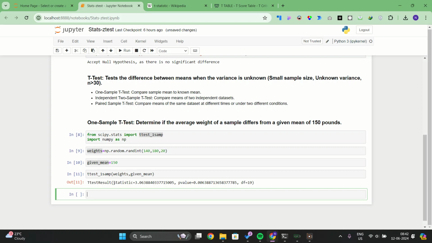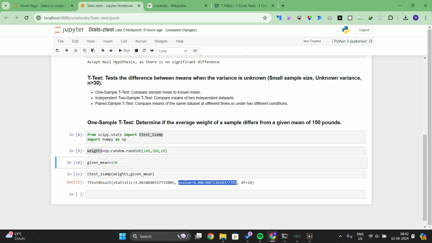So you can see that we get three different values. This is the t statistic value, followed by the p-value and the degree of freedom. Let me try to change it a bit and see how this works. I think I'll reduce it further and see.